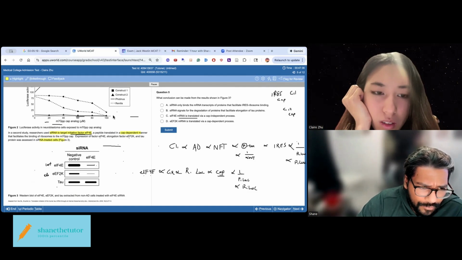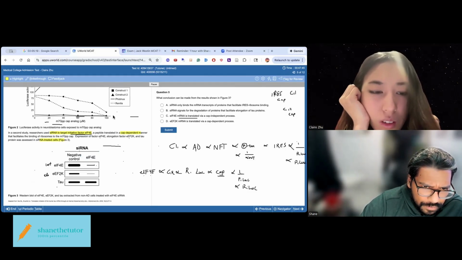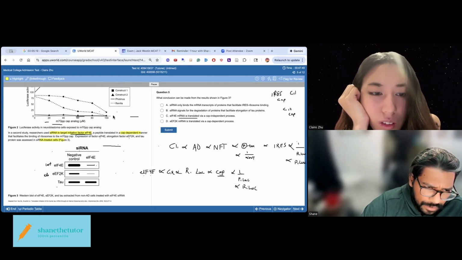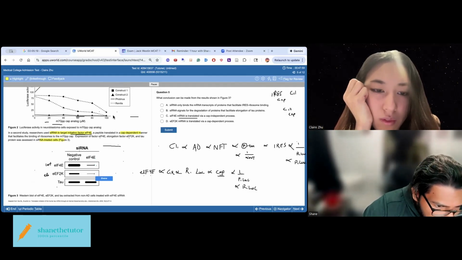For the negative control, it's a little confusing because it says siRNA for both, but in siRNA treated cells, okay. But let's see. In the elongation one, there's even less of the initiation. Or no, sorry.